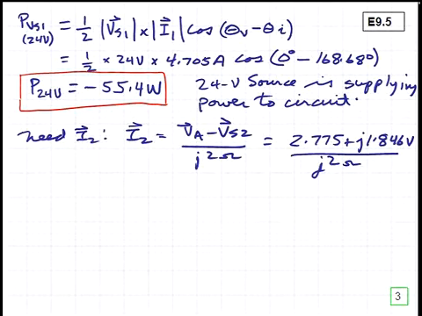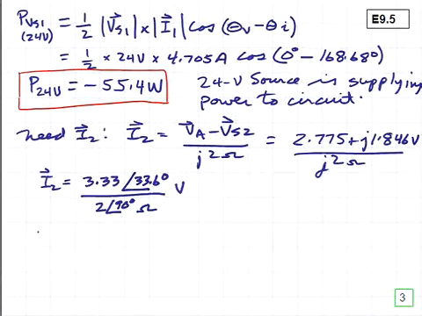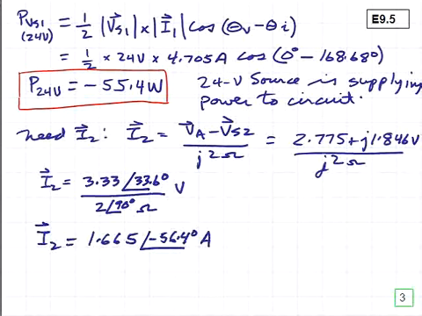This in polar form, or I2, is equal to 1.665 at an angle of minus 56.4 degrees amperes.